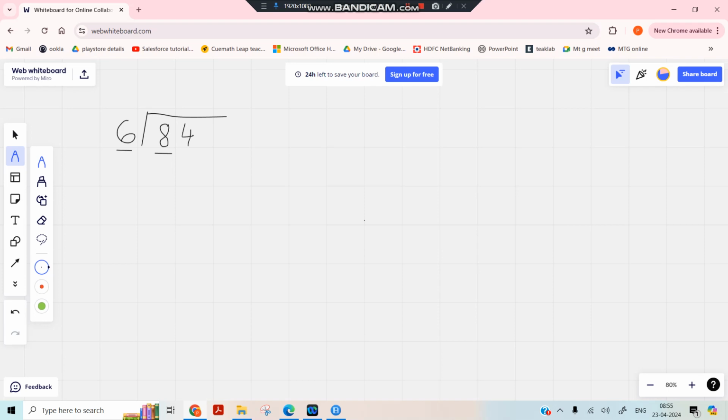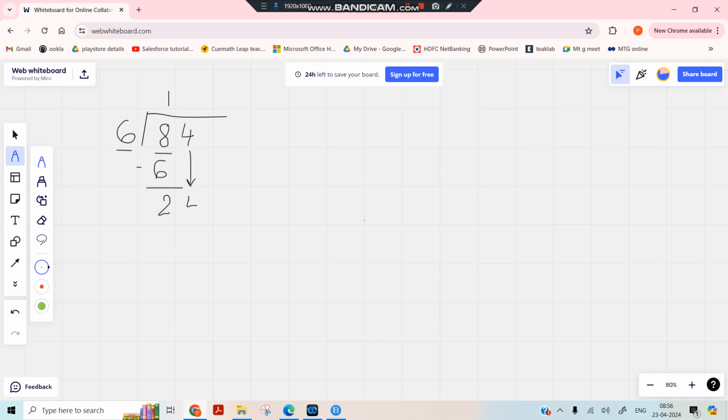If my answer is yes, then I will start my division just using the first digit. In this case, my divisor is less, so we will start the division. We will see where does 8 come in 6's table. So 8 doesn't come in 6's table, but the number before that is 6 times 1 is 6. So we'll put the 1 here, we'll put a 6 here, we'll subtract, the 4 comes down.